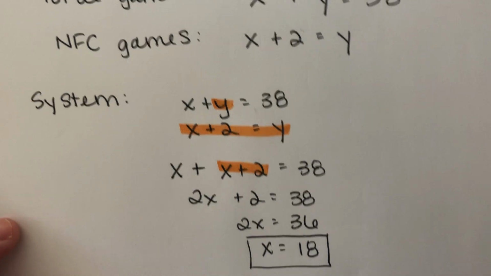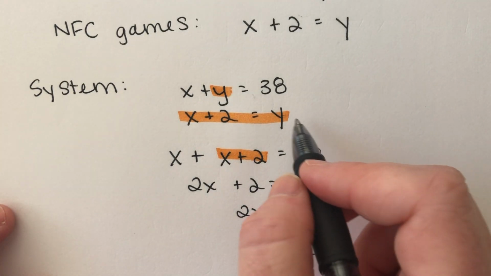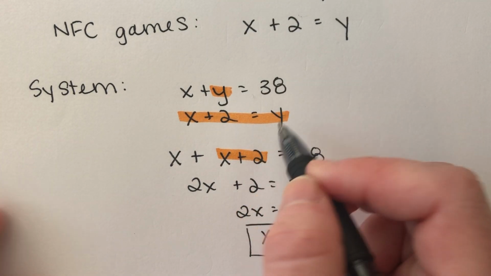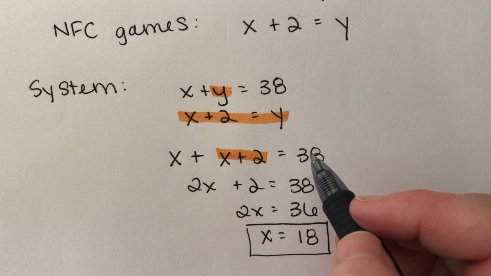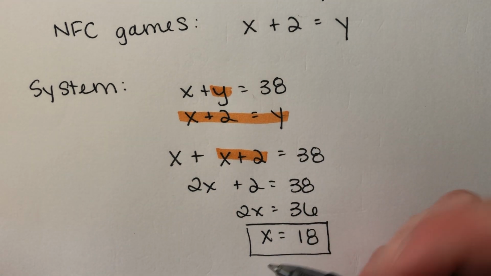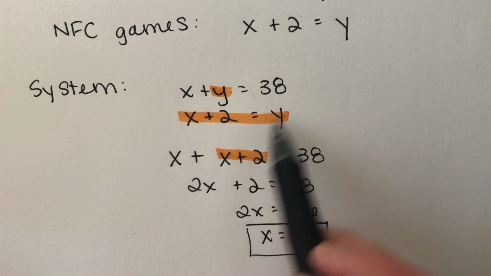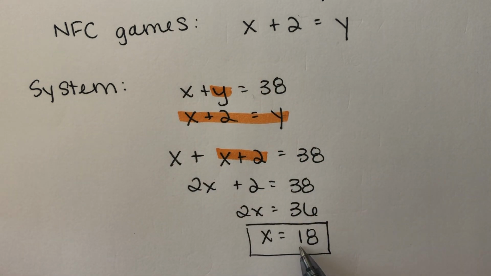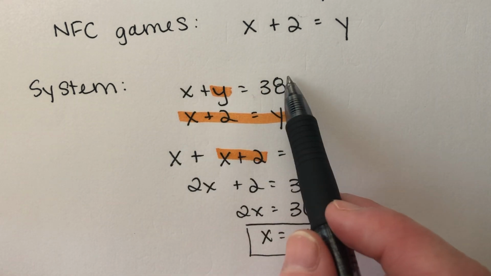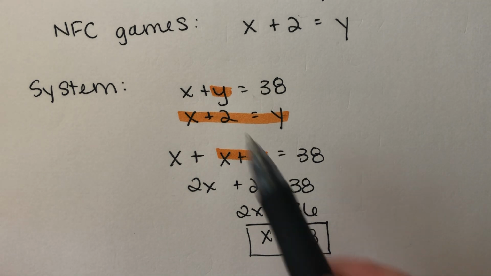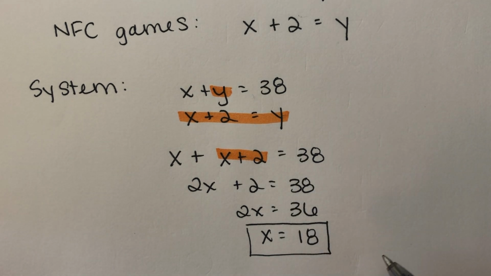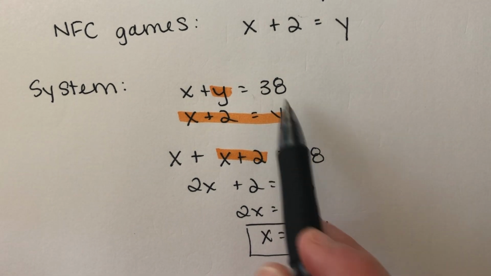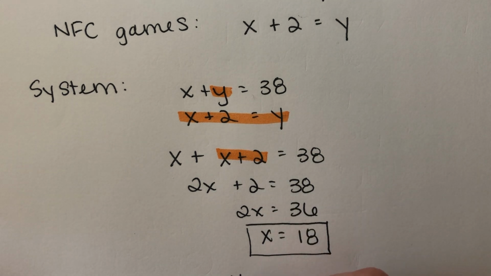Okay, so X equals 18. And if I want to go back up here and plug it in to either equation, doesn't matter which one, because remember, we're looking for our one solution, and the one solution is what these two guys share, right? So I'm going to plug 18 in. Either way, I should get the same Y. I'm going to use this bottom equation because Y is already by itself. Y equals X plus 2.